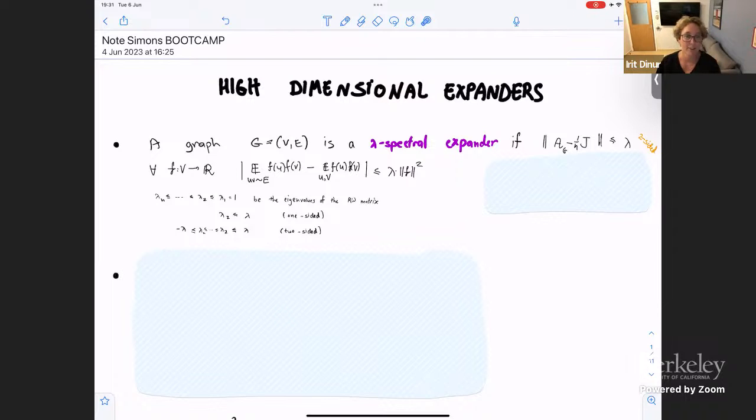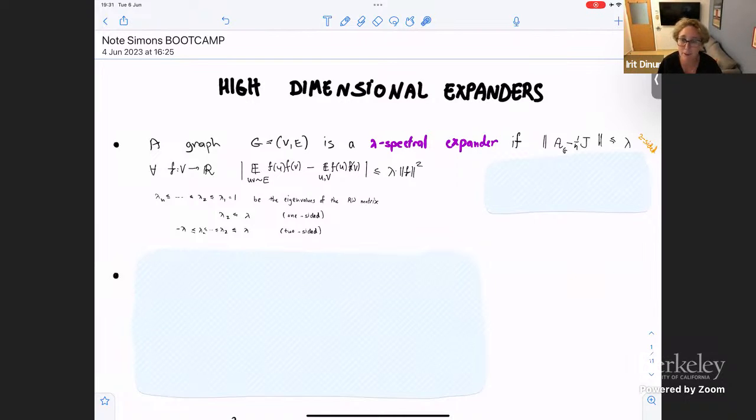For us, a graph is going to be called a lambda spectral expander if, when I look at A sub g, I have this notation here, A sub g is supposed to be the adjacency matrix of the graph, but normalized. So you should think of it maybe as the random walk matrix of the graph. A sub g is going to be similar in spectral norm to the matrix 1 over n times J. That's the adjacency matrix of the complete graph with self loops.